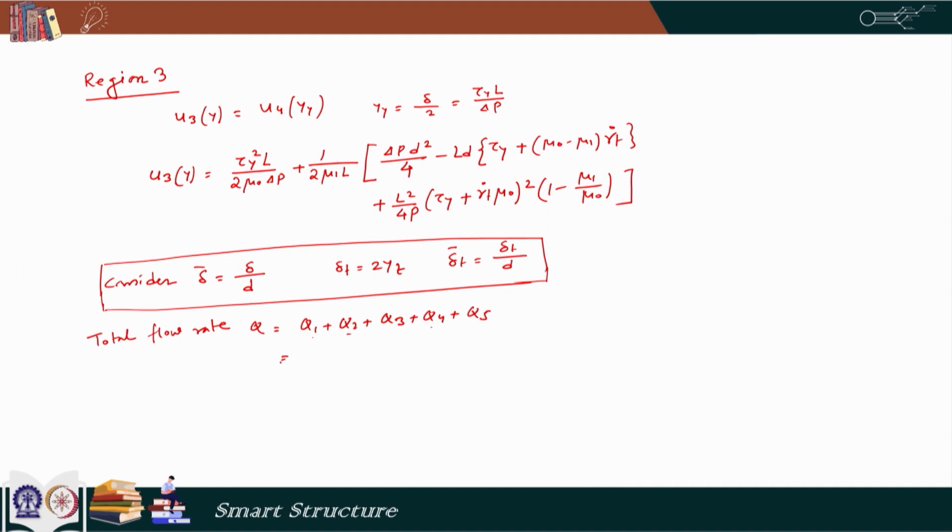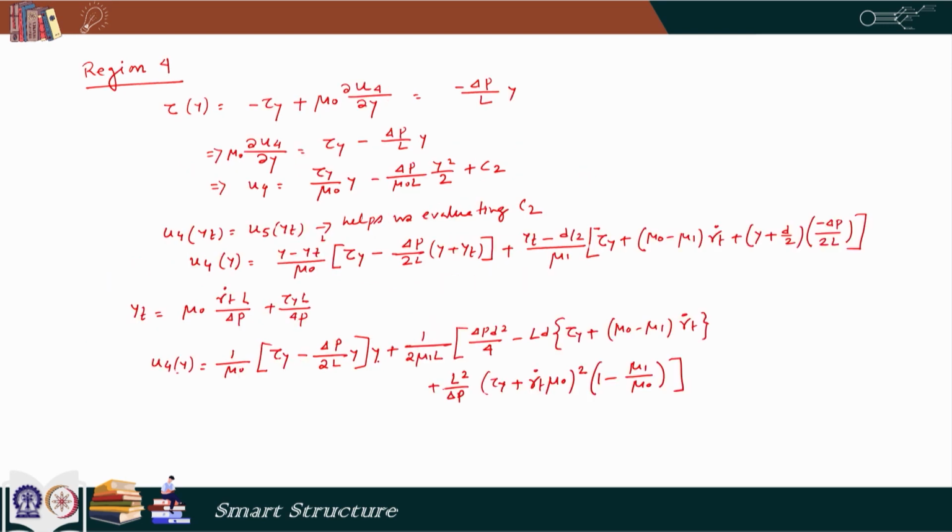So, with that we can write our total flow rate as 2 multiplied by the integral from y t to d by 2 of b um dy.